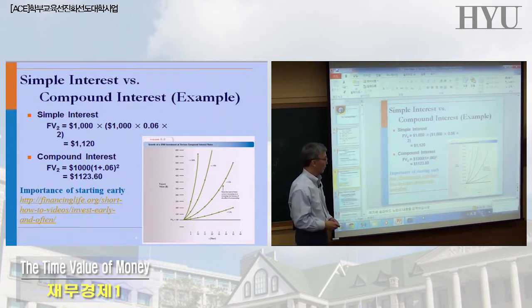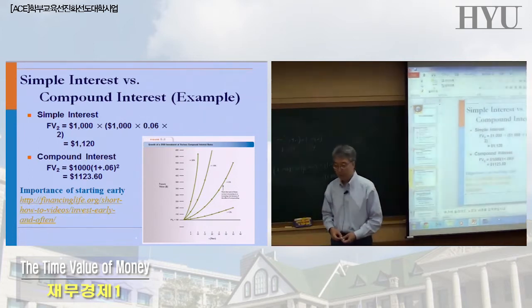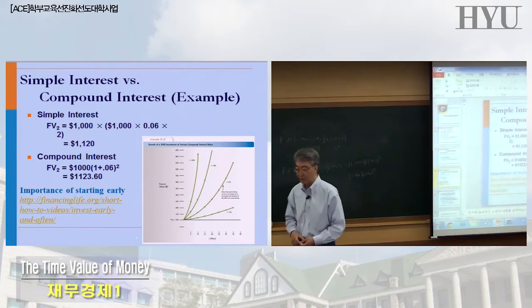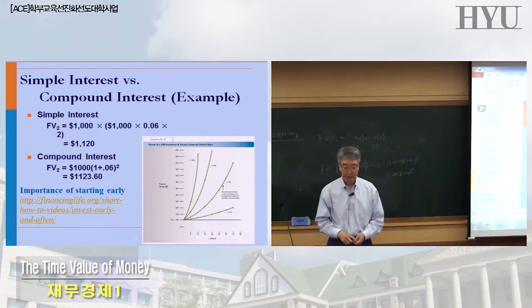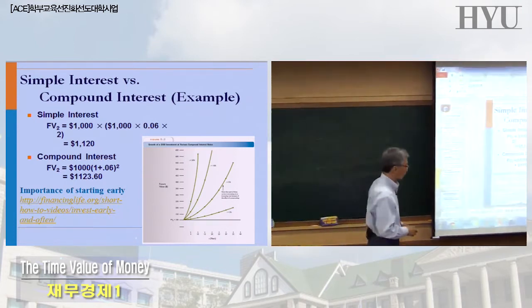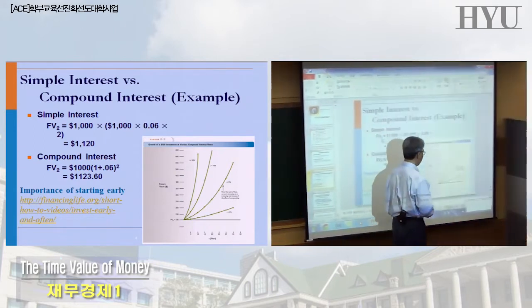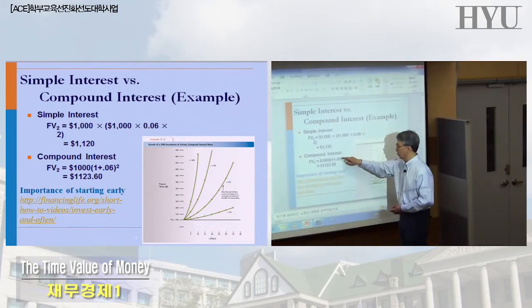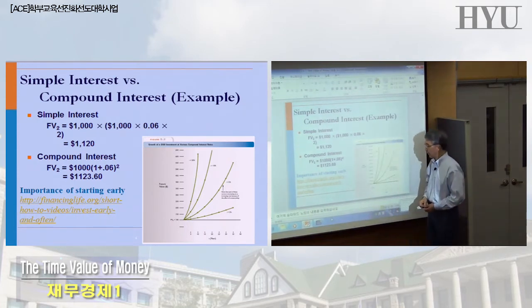So it's a little bit higher. You may think, well, a $3.60 difference is not much. But we're talking about exponential growth here. Here we have this power on top of (1 plus I). As the years go on, the difference gets really large between the principal, the simple interest, and the compound interest.